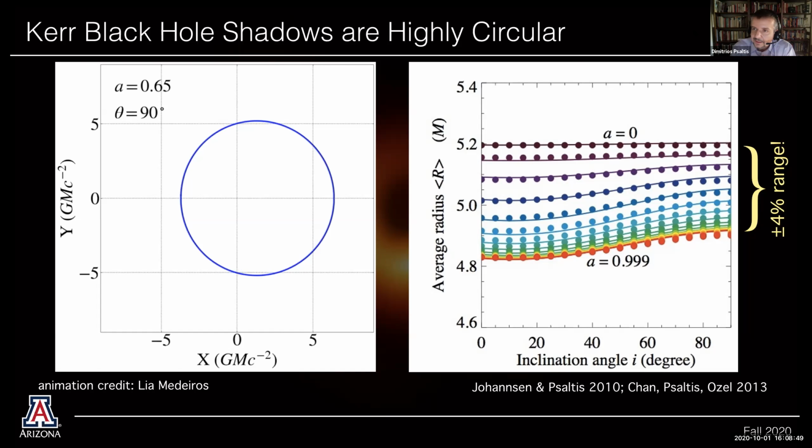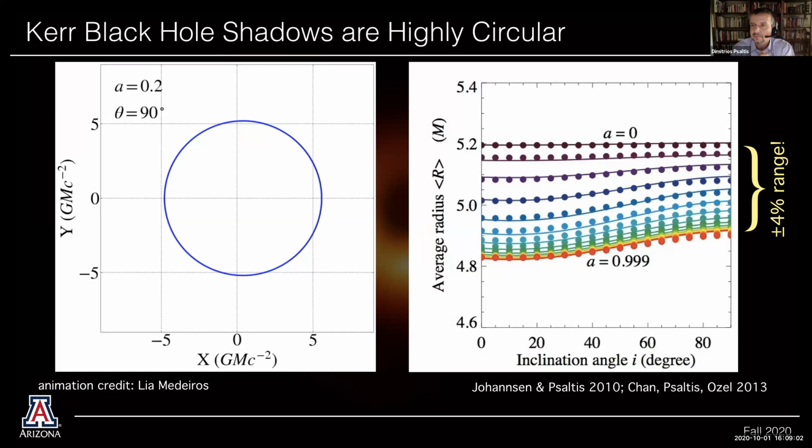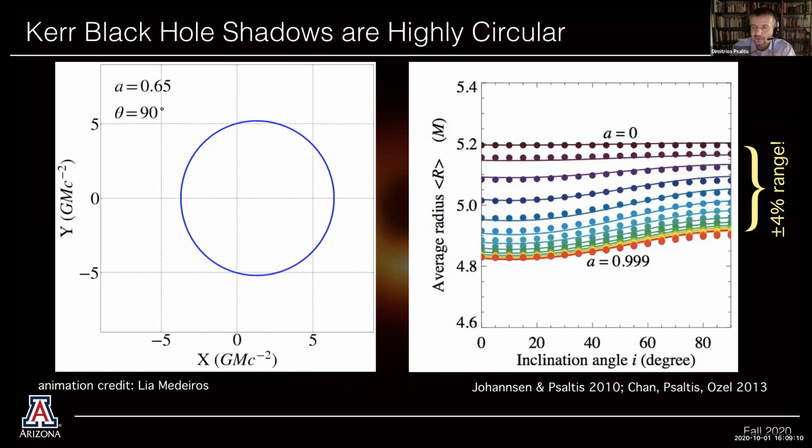And this is really incredible, because what it tells you is that there's no free parameter in that gravitational test. If you know the mass a priori of the black hole, because everything scales with the mass of the black hole, then you can predict what that size of the shadow is. And it's either that in observations, or it's not. You have no wiggle room. You cannot say, oh, it's spinning.